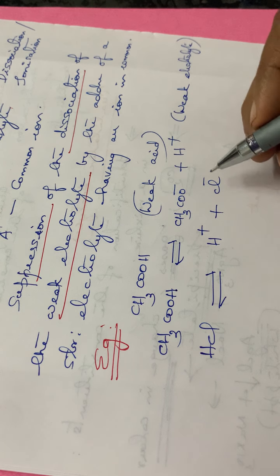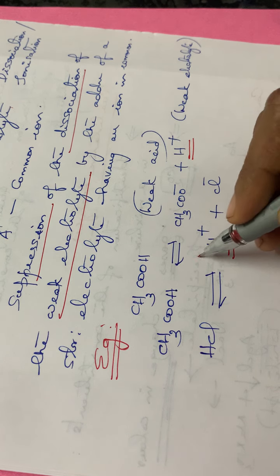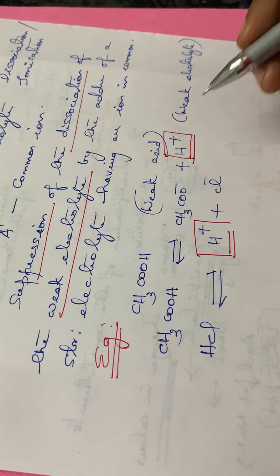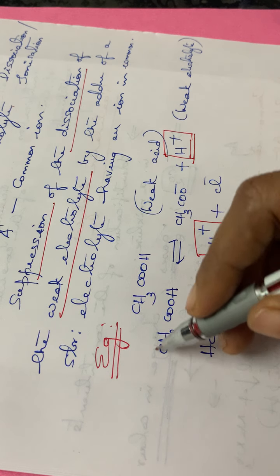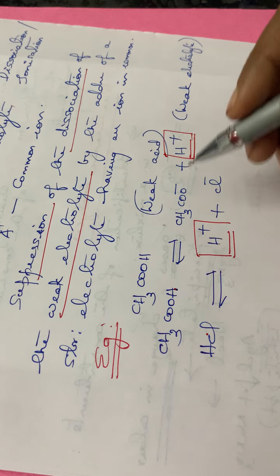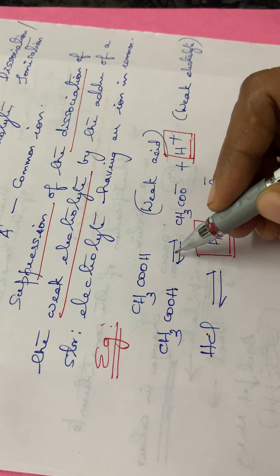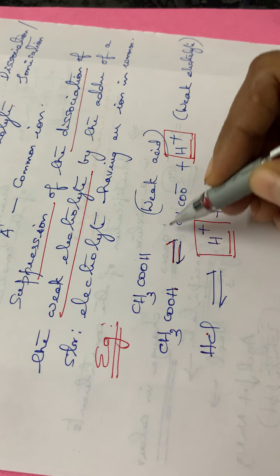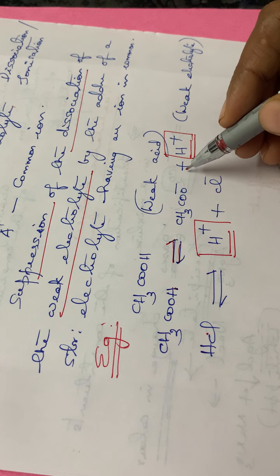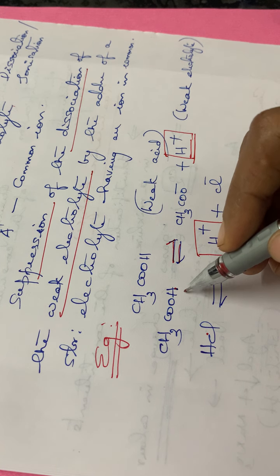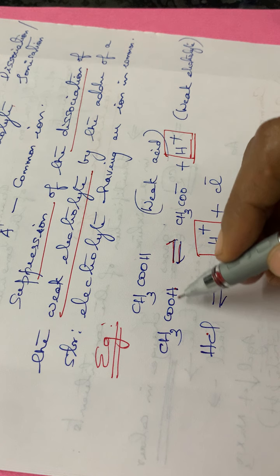So what is the ion in common? H plus is the ion in common, isn't it? H plus is common in both cases. Due to the addition of the strong electrolyte HCl to the weak electrolyte acetic acid, the dissociation of acetic acid will be suppressed. In this reaction, the forward reaction is the dissociation, that is, CH3COO minus plus H plus, and the backward reaction is the unionization, or undissociation, of acetic acid.